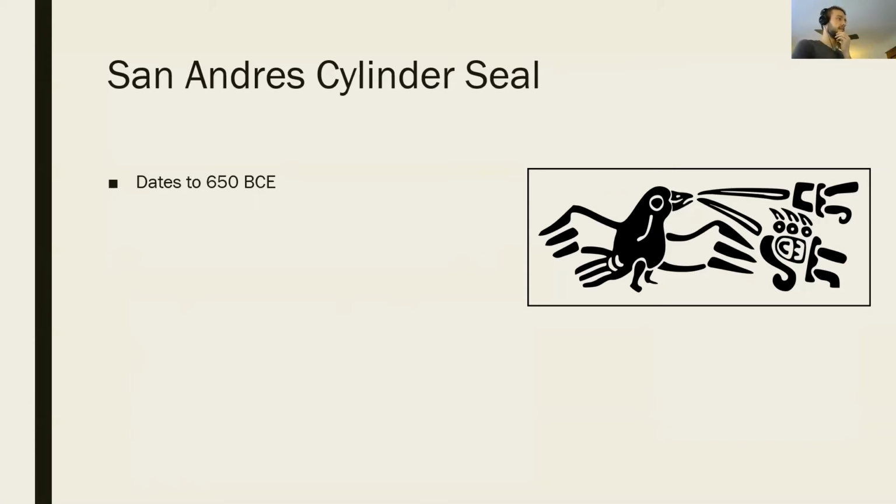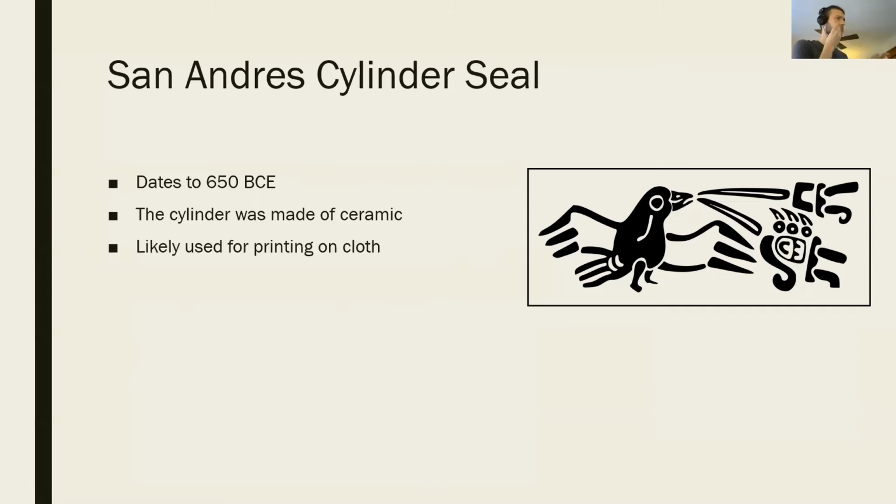So here there are some artifacts found called the San Andres cylinder seals, which were seals made of ceramic, and they could reproduce an image in a very similar way as those cylinders found in Babylonia. What we likely think is that these kinds of artifacts were used not necessarily for reproducing writing, but for producing decorative designs.